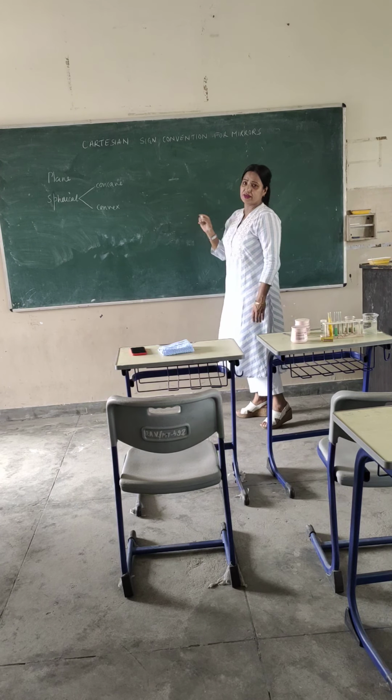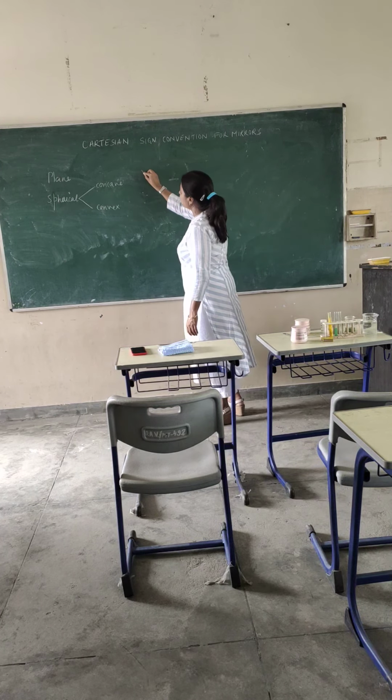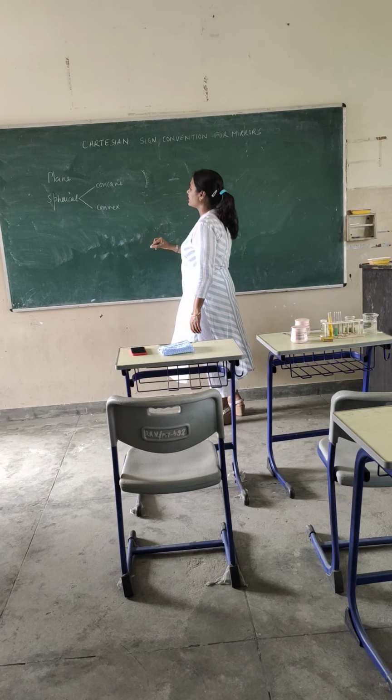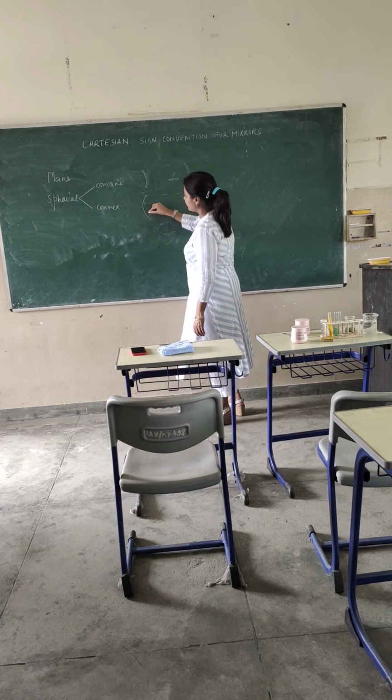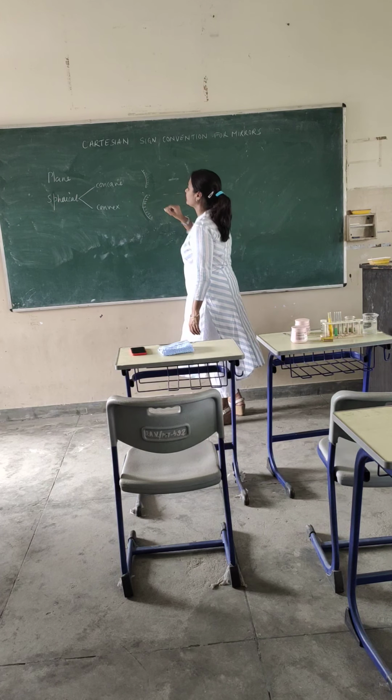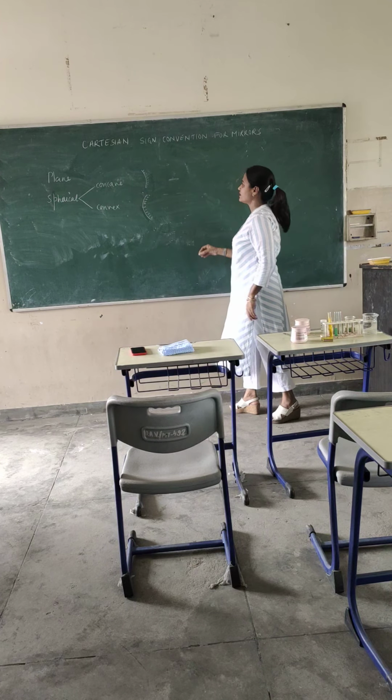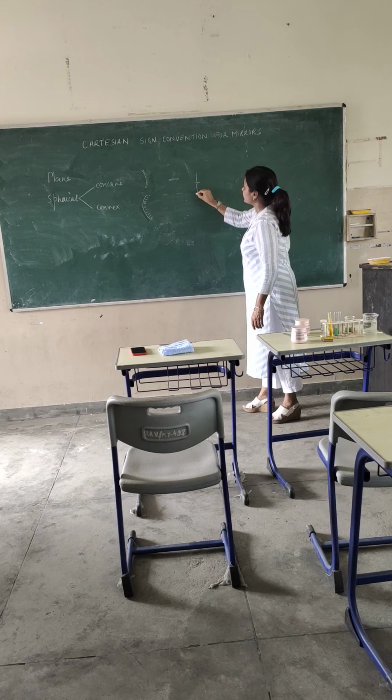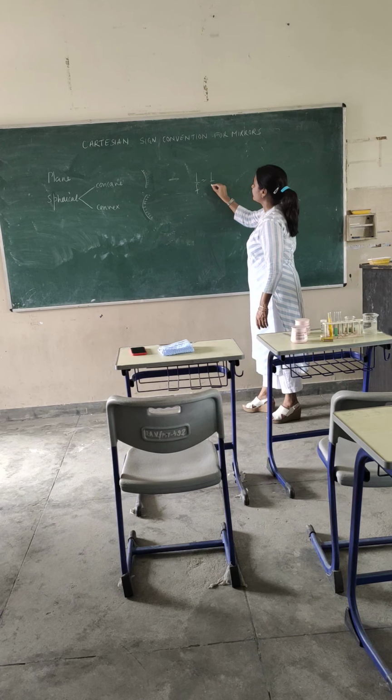For both the mirrors, the concave mirror, whose polished area is the inner curved area, as well as the convex mirror, whose polished area is the outer curved area, we have a formula which we call the mirror formula.